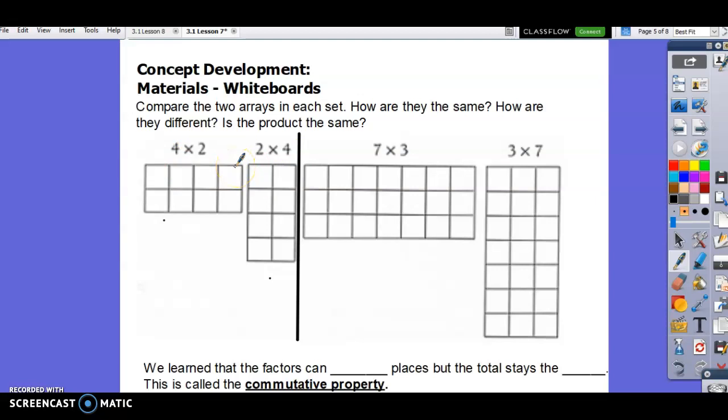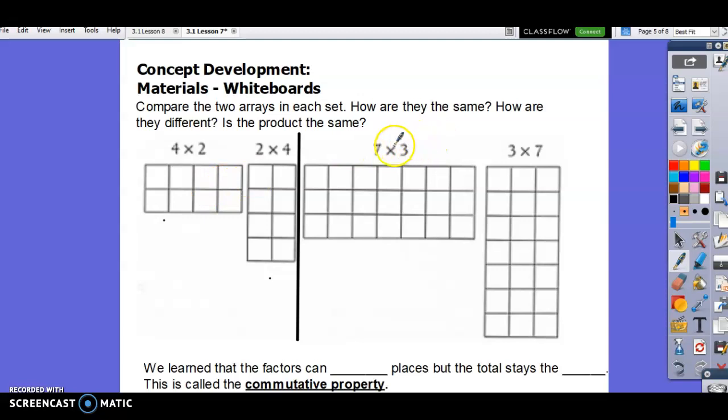What's another way that they're the same? Oh, okay. So the product, which is the total, they both have 8 squares. There's 4 and 4, so that's 8, and then 4 and 4, which makes 8. And what's different about them? What's different is that they're kind of flip-flopped. They're not the same shape.